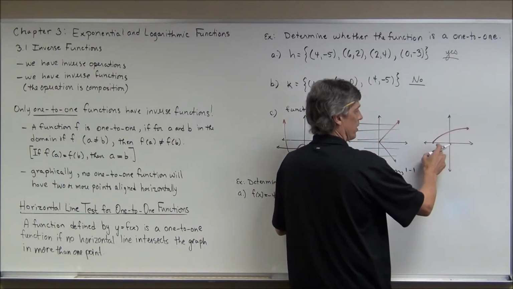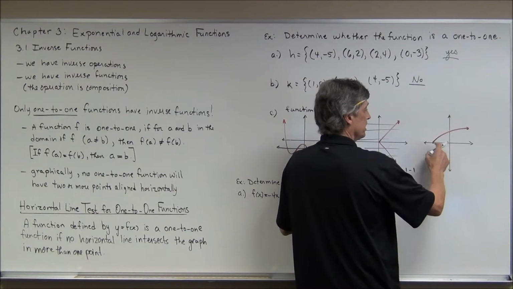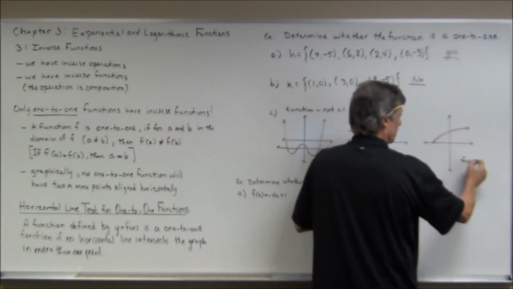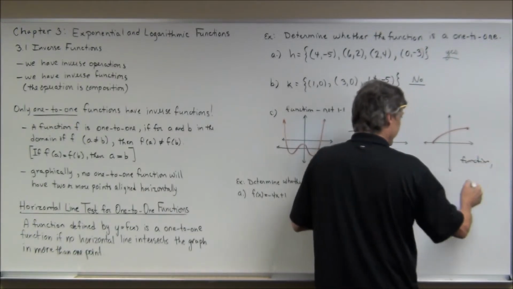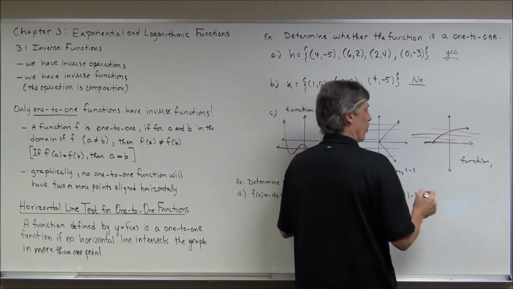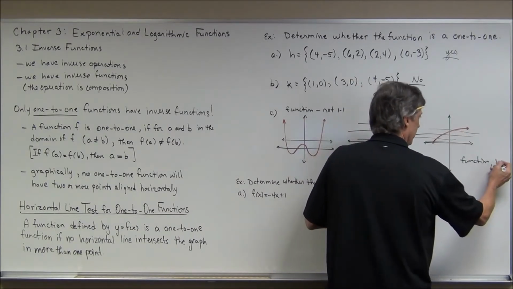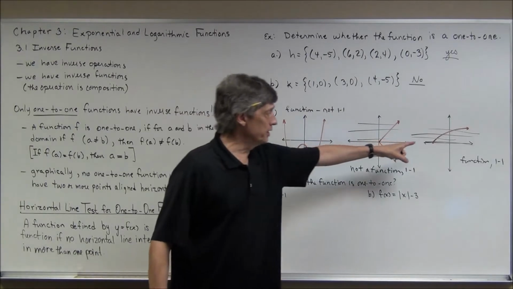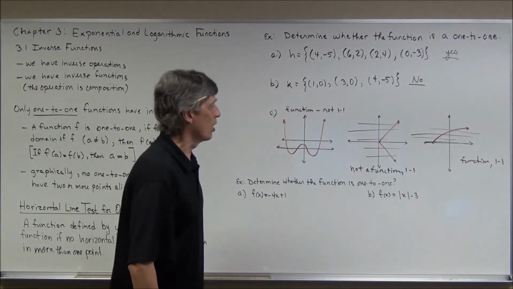This looks a little bit like a translation of the square root function. It passes the vertical line test, so it is a function. And it passes the horizontal line test. I can never cross this graph more than one time with a horizontal line, so it's one-to-one as well. So only this one here would have what we call an inverse function.